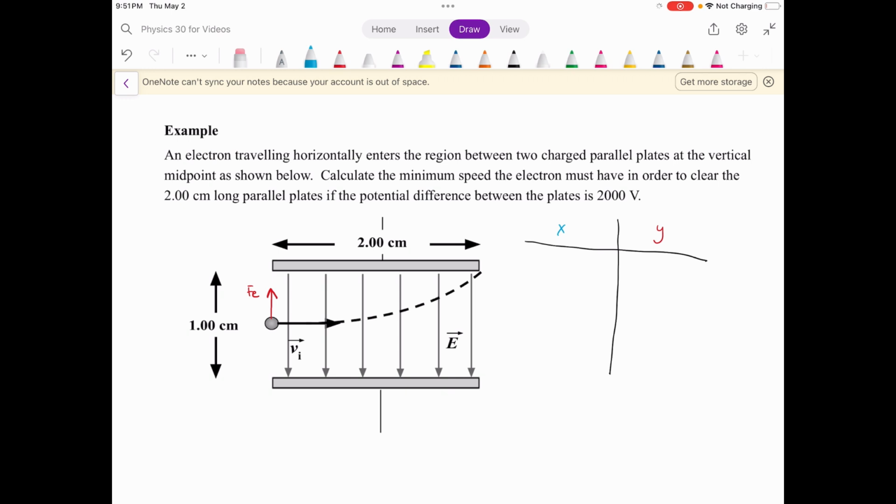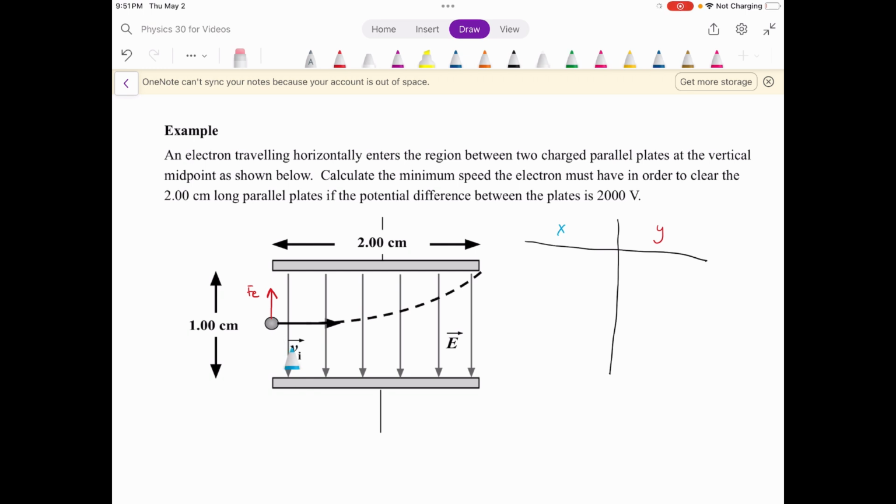So in the x-axis, let's just break down what we know. In the x-axis, it's not accelerating. The net force in the x-axis is 0. So we actually have uniform motion, right? Do we need to think about v_i, v_f in the x-axis, the initial velocity, the final velocity, or the acceleration in the x-axis?